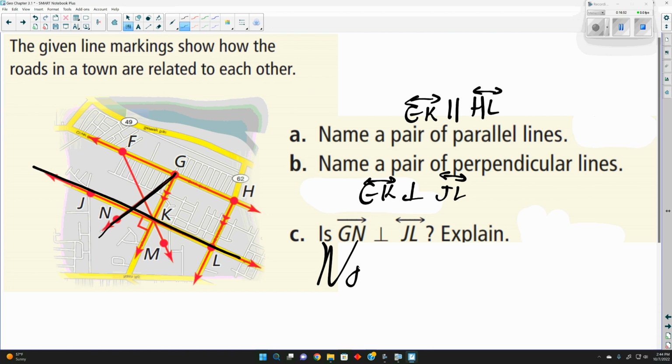No, they do not form a right angle, so they're not perpendicular. Or we could say that for JL and a given point G, there's only one perpendicular line. The line perpendicular to JL that goes through point G is GK. So since GN is not GK, they're not perpendicular.